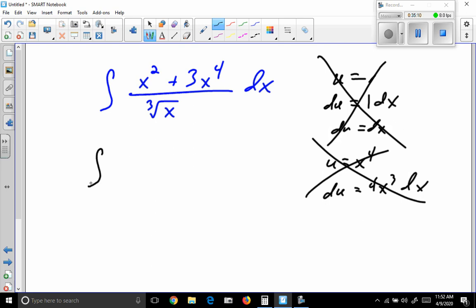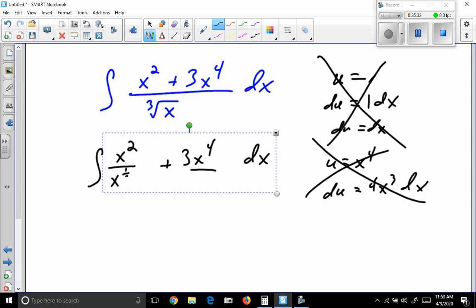When we only have one term on bottom, it's not too terrible to divide this fraction into two different fractions by putting x squared over that denominator and 3x to the fourth over that denominator. Now when I put it over that denominator, I'm going to go ahead and call that x to the 1/3.